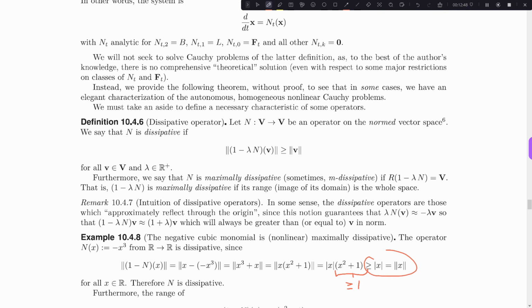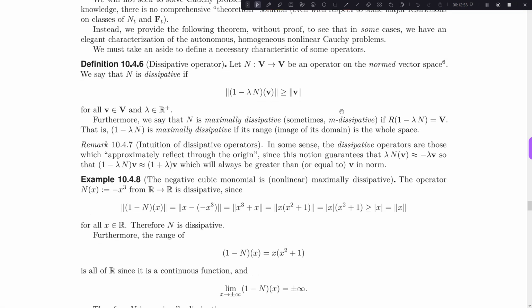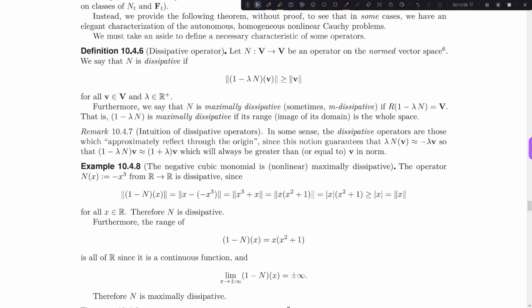So that makes it dissipative, and actually I can compute the range as the entire space. This is just by the intermediate value property, because 1 minus N at 0 is 0, and it also reaches plus or minus infinity, and it's also continuous. So any function that reaches 0 and plus or minus infinity, actually I didn't even need 0 there, I guess.